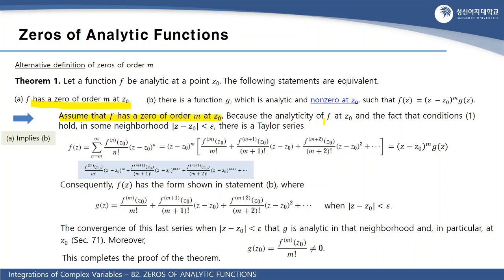Because of the analyticity of f at z0 and the fact that condition 1 holds here in some neighborhood, |z - z0| < epsilon, we have a Taylor series for f(z) as this.